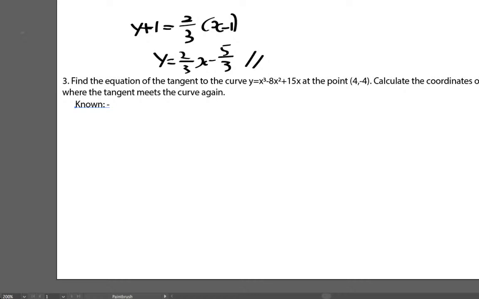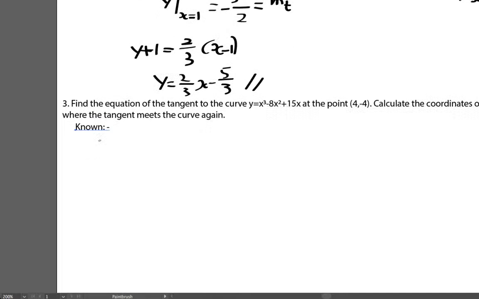To find the equation, you'll use the same thing: y minus y1 equals m of x minus x1. When you try to figure this out, you know that the x1 here is 4, the y1 here is negative 4, but what is the m?